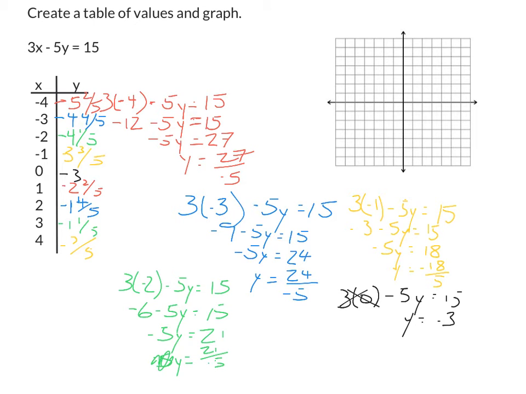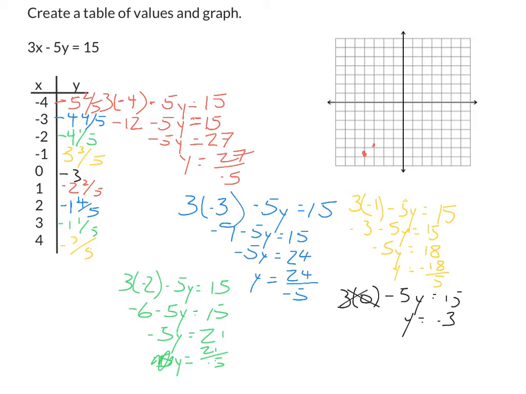We put these points on here. So -4 and -5 and 2/5 is roughly there. And we'll go from there. So we go 1 over to the right, and we're up to -4 and 4/5.